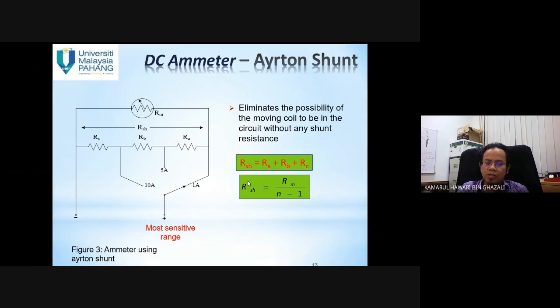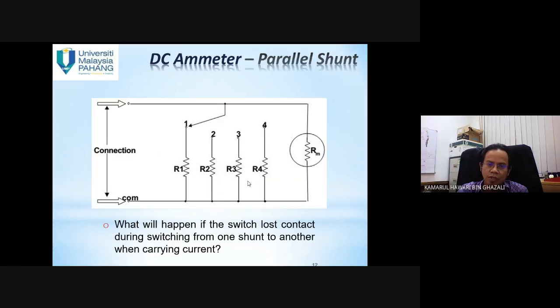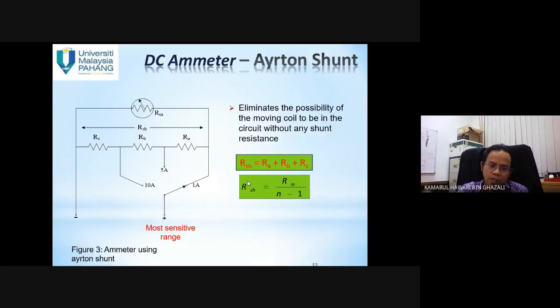This Ayrton shunt is trying to avoid the problem of lost contact during switching from one shunt to another when carrying a current. So this is the equation to measure the R shunt, which is RA plus RB plus RC, where you will get R shunt equals Rm divided by N minus 1.